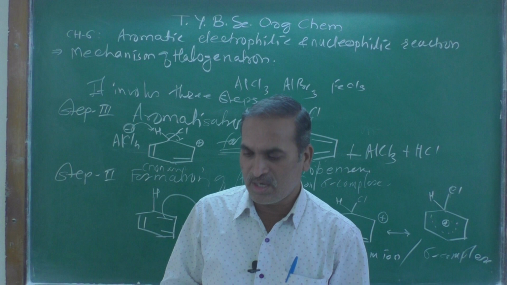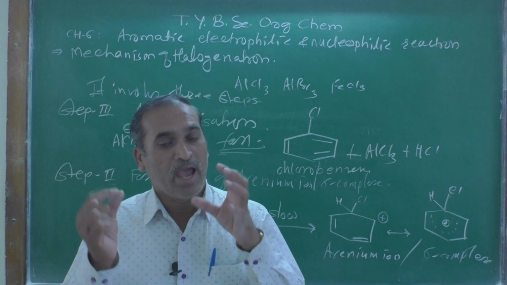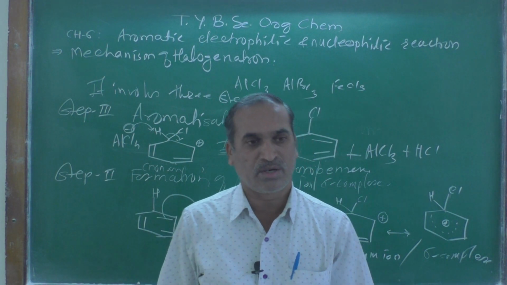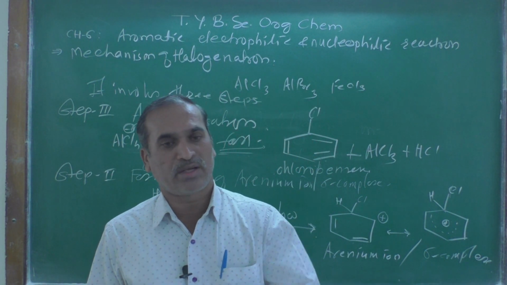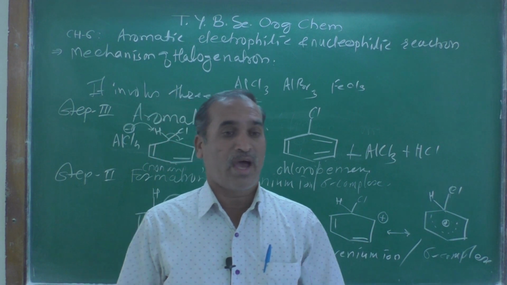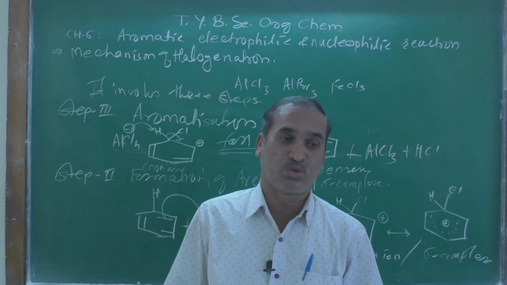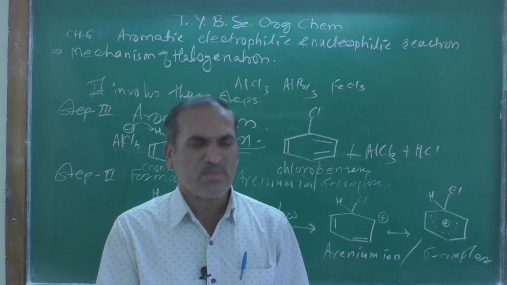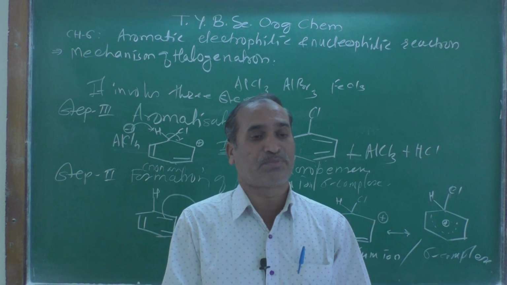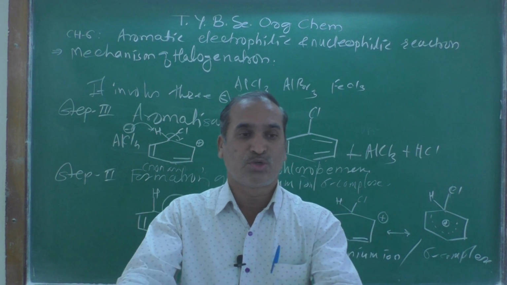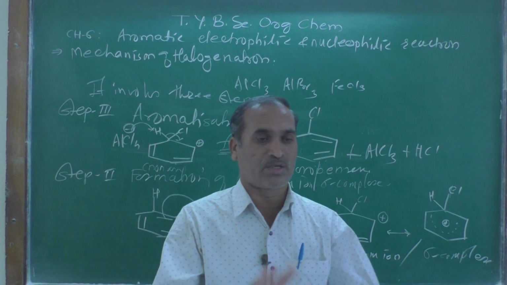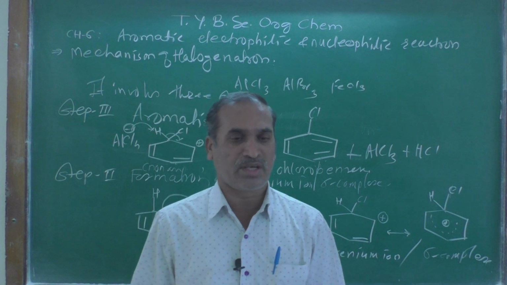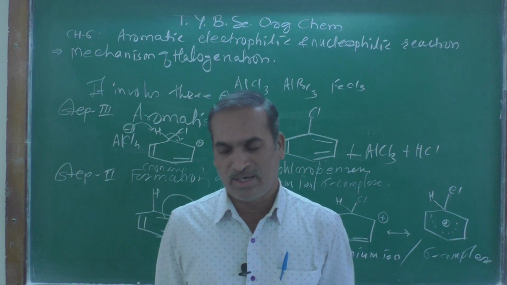Once that electrophile is generated, it easily attacks the benzene nucleus, and we get formation of the arenium ion, and that arenium ion is stabilized due to resonance, and finally the basic anion abstracts the proton and aromatization takes place back to give the substituted product. So in this way we have seen the halogenation reaction with a suitable example.